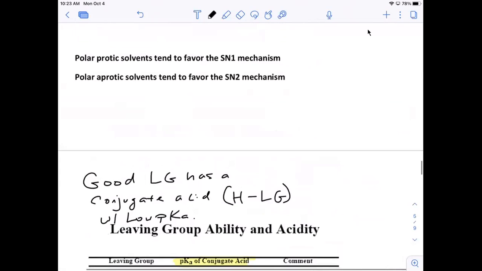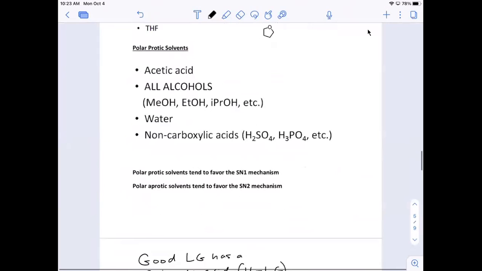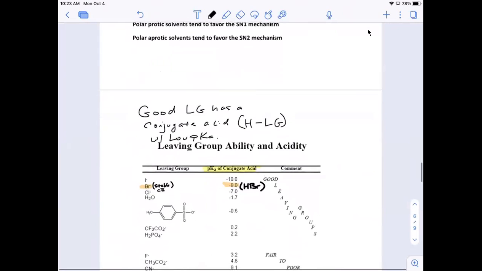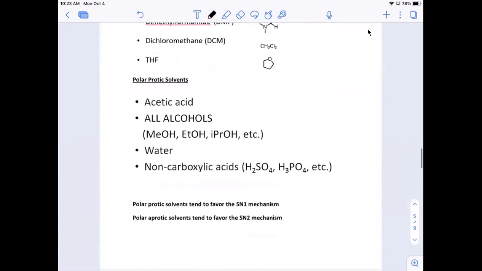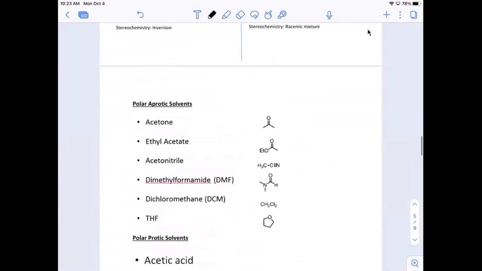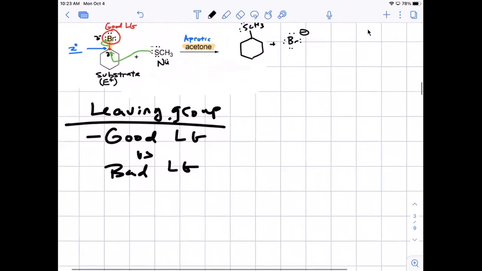All right. Any questions about that part? Right, so a good leaving group is going to have a conjugate acid with a low pKa. So let's go back up to here. So bromine, we know that that's our leaving group, and we know that it has a conjugate acid pKa of -9, so it's a great leaving group.